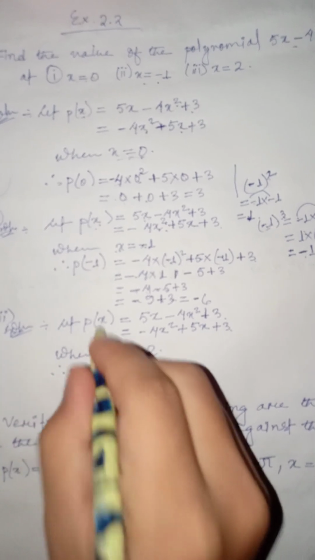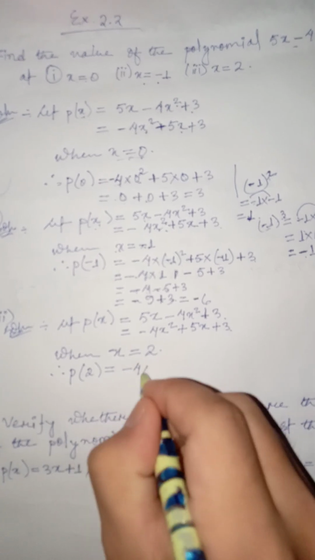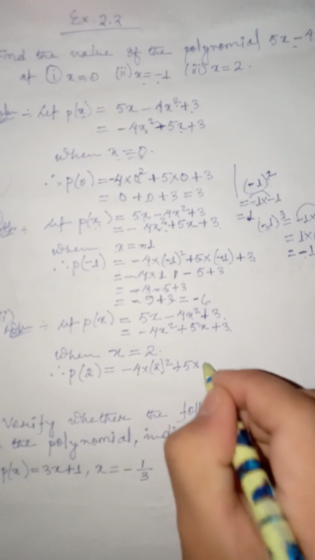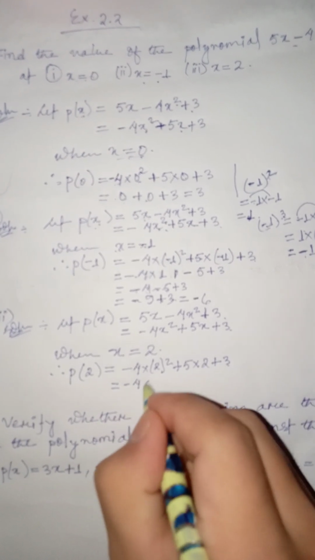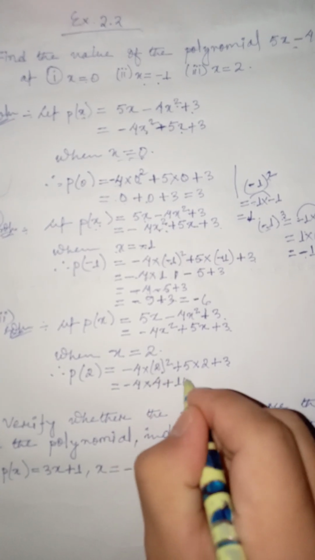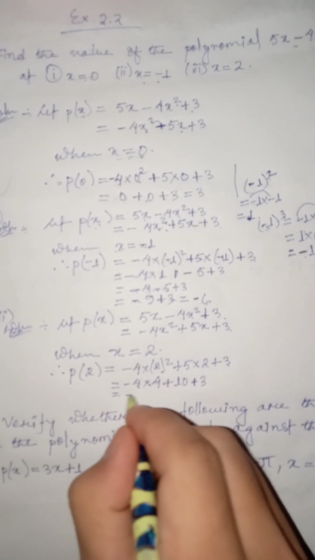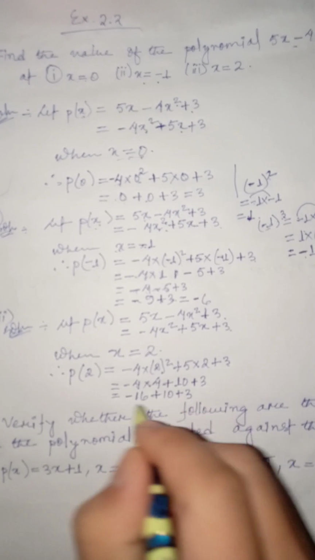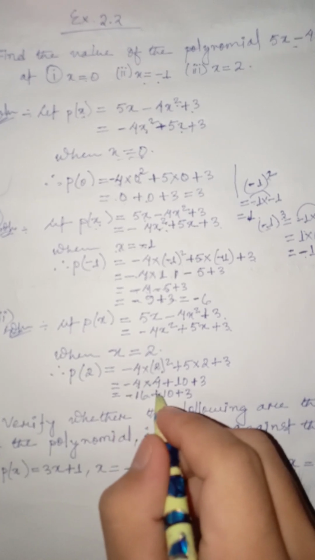Therefore, in place of every x, we have to put 2. Minus 4 into 2 square plus 5 into 2 plus 3. Okay. Minus 4, 2 square that will give you 4. 5 times 2 that will give you 10 plus 3.